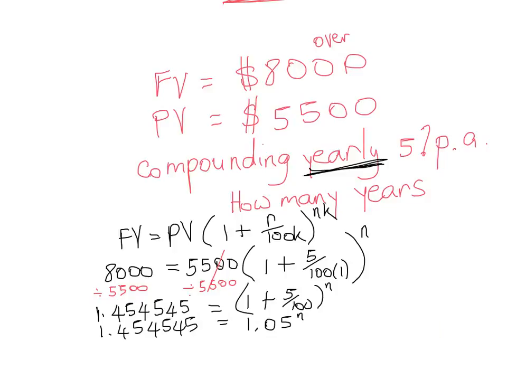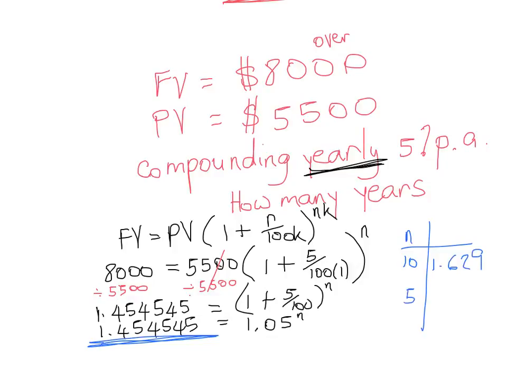If n is 10, then our value over here would be 1.629.